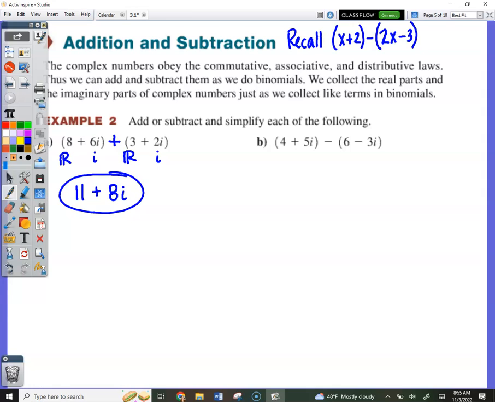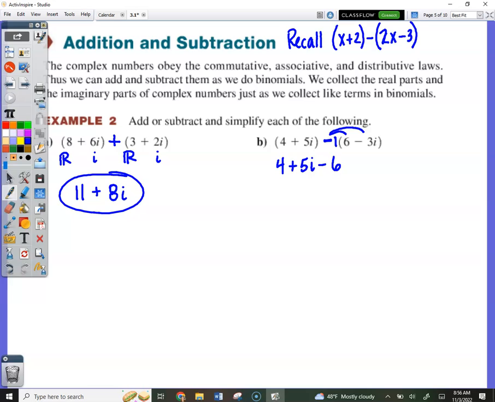Just like with polynomials, you have to do what before you can combine here? You've got to distribute this negative. Right here, there's a negative 1, and it is multiplying to everything after it. Bring this down unchanged. That's a positive 6, becomes a negative 6.